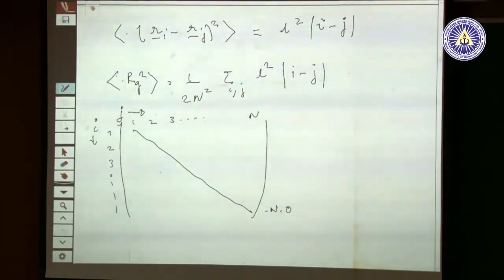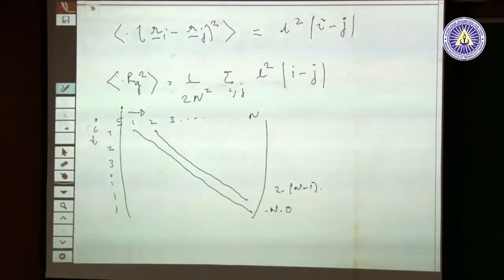Now if I look at the first term above the diagonal, what is i minus j for that? 1. How many terms are there? n minus 1. And how many such diagonals are there? 2. So this would be 2 times n minus 1 times 1, which is the value of i minus j.